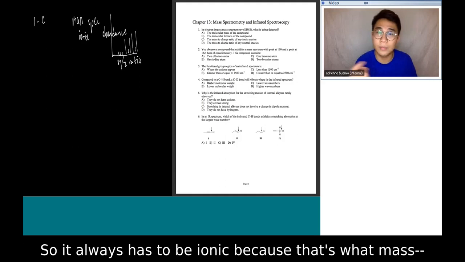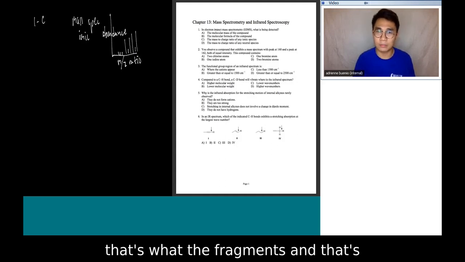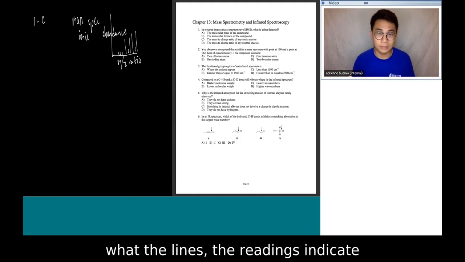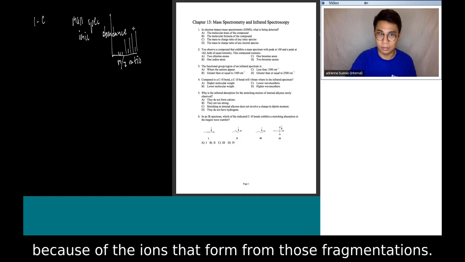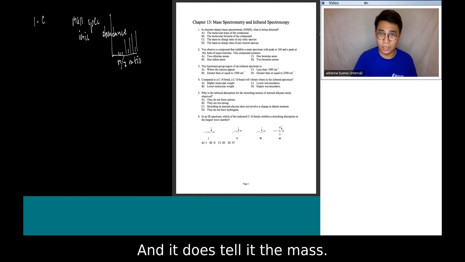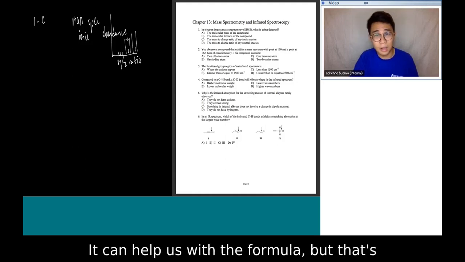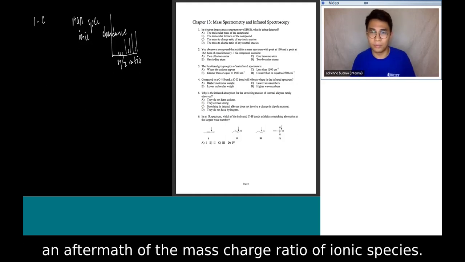So it always has to be ionic, because that's what the fragments and the lines, the readings, indicate: the ions that form from those fragmentations. And it does tell us the mass. It can help us with the formula, but that's an aftermath of the mass to charge ratio of ionic species, right?